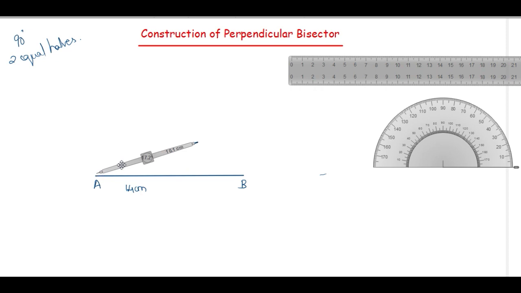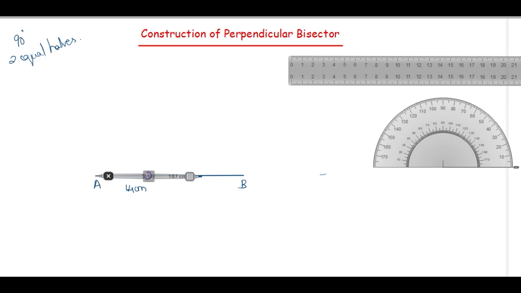Radius of the compass is nothing but the distance between the metal pointer and the pencil. So we are going to set the radius of the compass in such a manner that it is roughly more than half of that of AB. You need not use a scale for measuring this. It has to be roughly more than half that of AB. As you can see, the distance between the metal pointer and the pencil is more than half of AB.